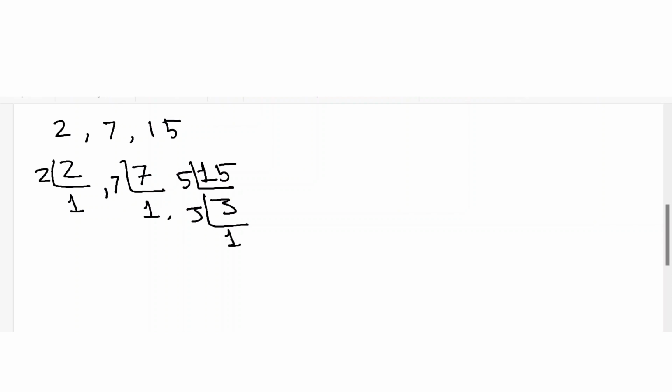So if we write down the numbers here, number 2 equals 2 times 1. Number 7 equals 7 times 1.